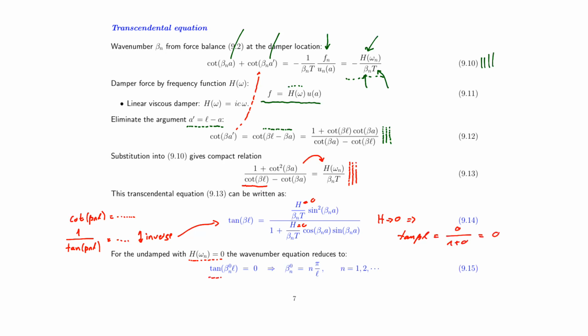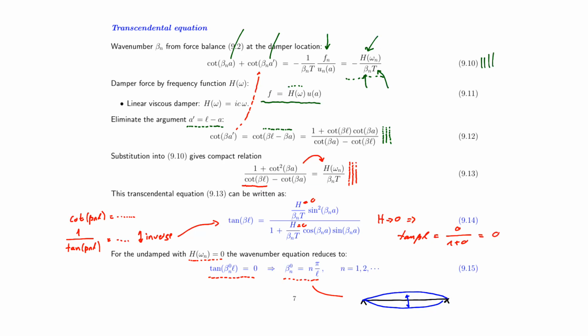So tangent of beta L equal to 0 exactly gives us the solution that we found for the undamped cable, where we had pure sinusoidal vibrations given by a wave number that is equal to n pi divided by L.